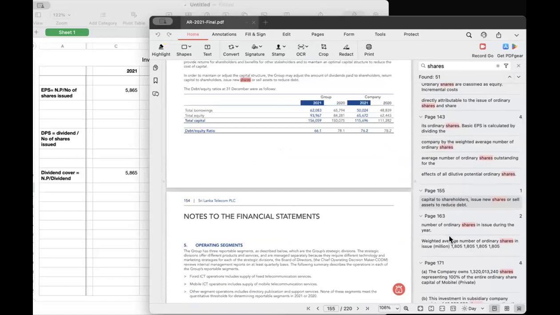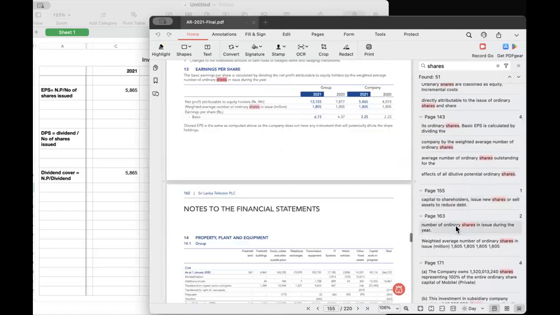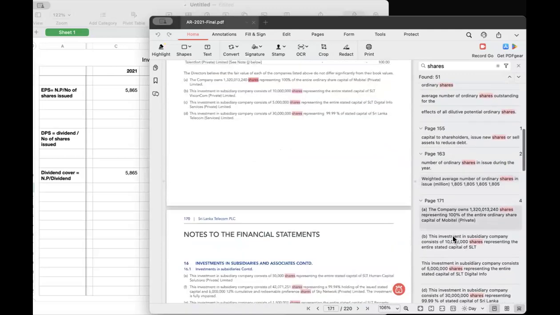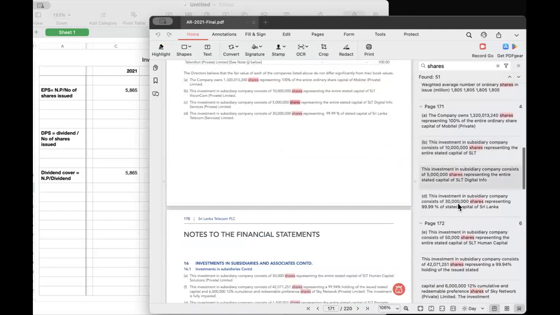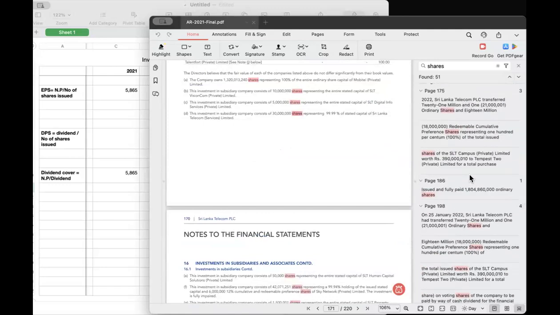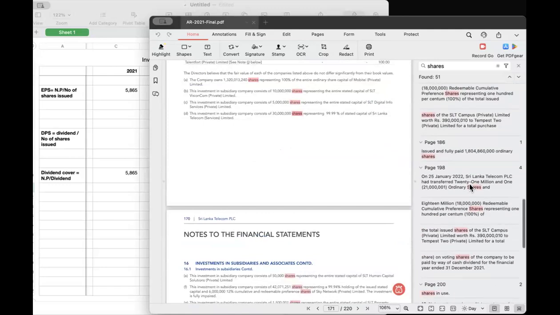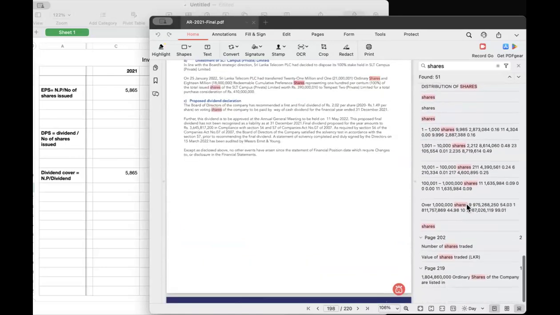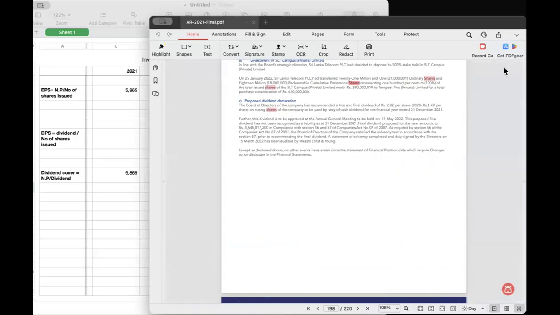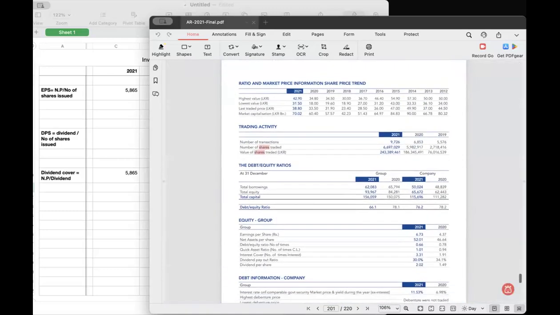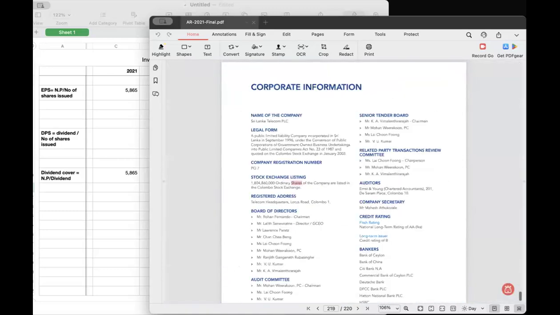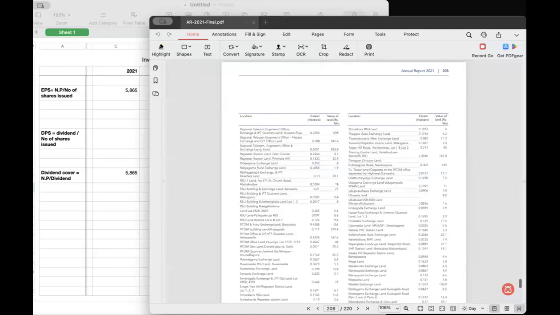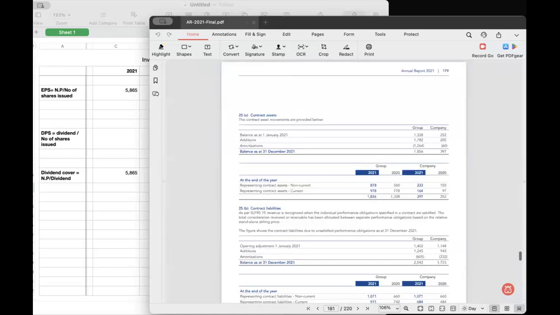Okay, I found it all the way down. Not this, not this. They did have it somewhere. I can't exactly remember where, but it was there. So you have to find the number of shares in the annual report. Just type it on the search bar. You'll be able to find it.